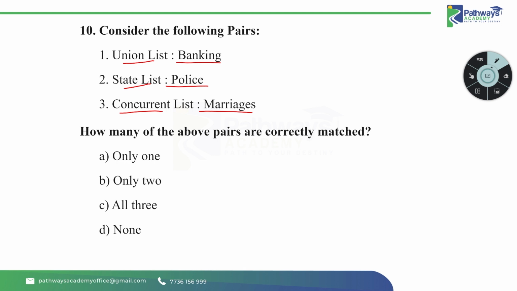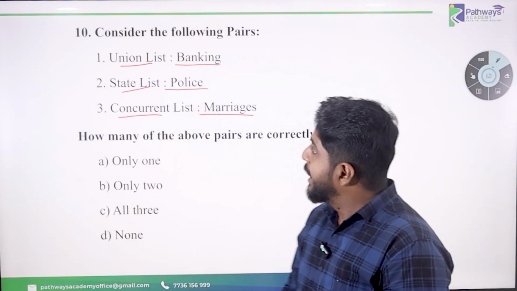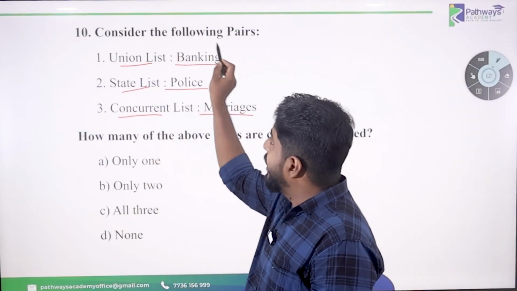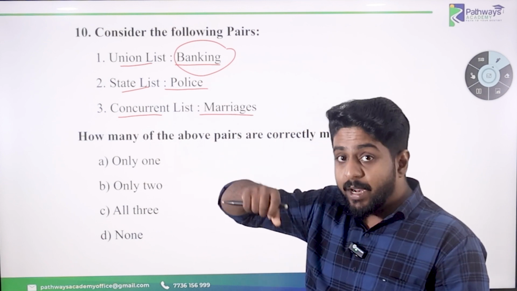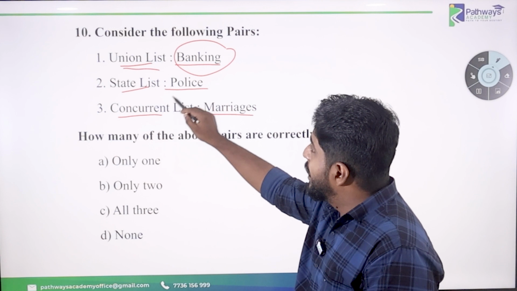These things come under the category of union list. In other words, there needs to be a unified same law for the entire country. Banking is a very important subject, regarding money. So banking comes under the union list.